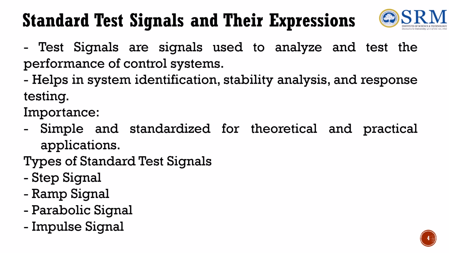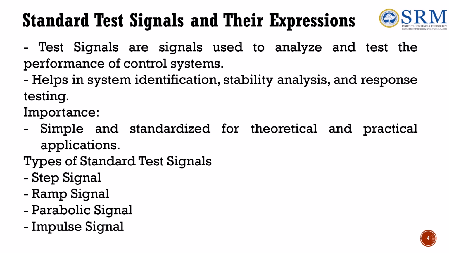Next, let's see the standard test signals and their expressions. Test signals are special input signals we use to check how a control system behaves. They help us understand the system's performance, stability, and how it responds to changes.